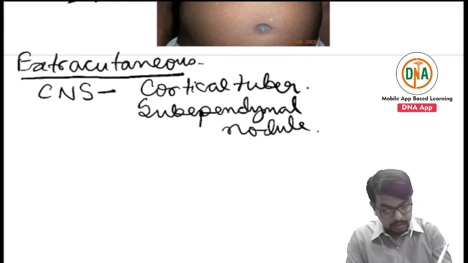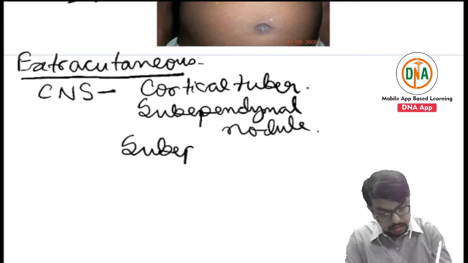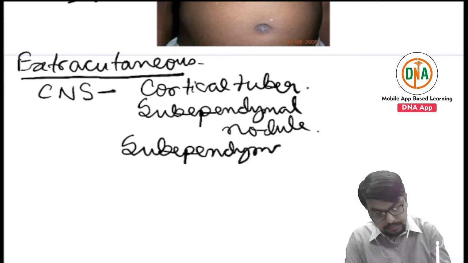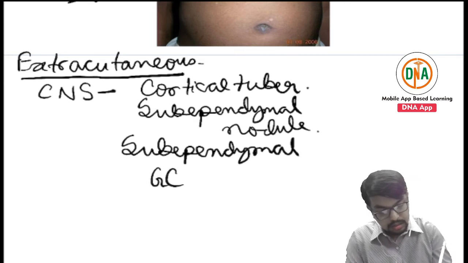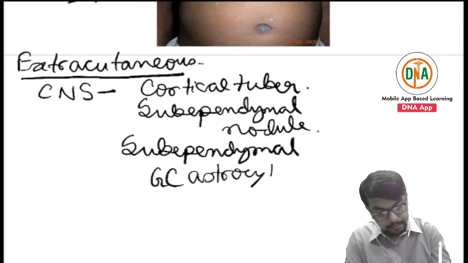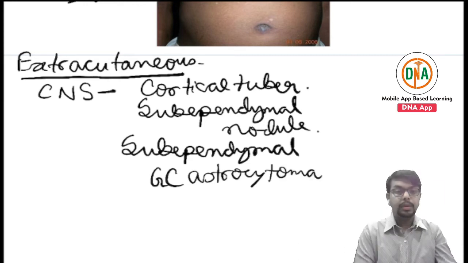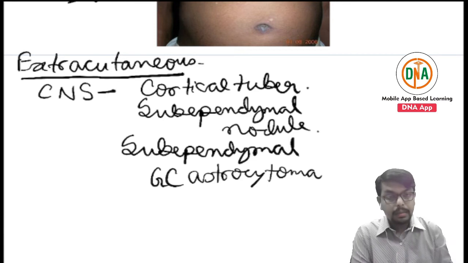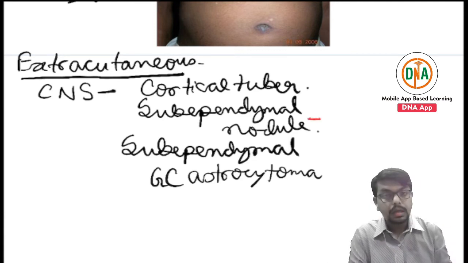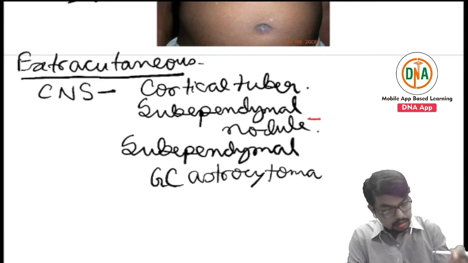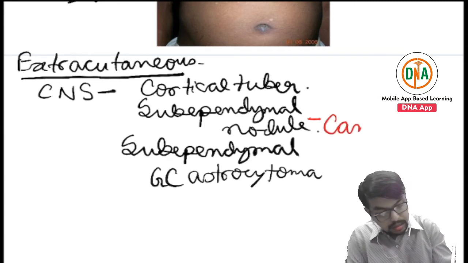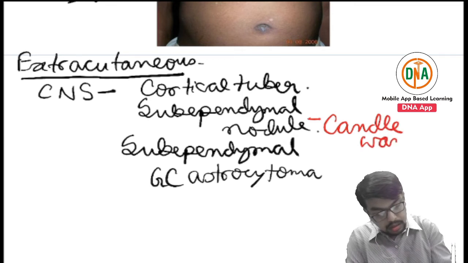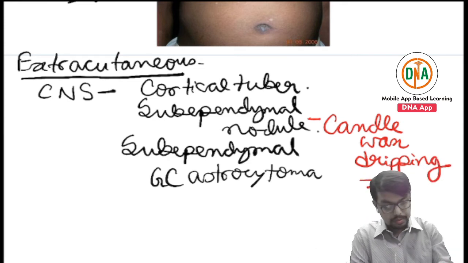There will be subependymal giant cell astrocytoma. Okay, on CT scan of subependymal nodule, it is termed as candle wax dripping appearance.